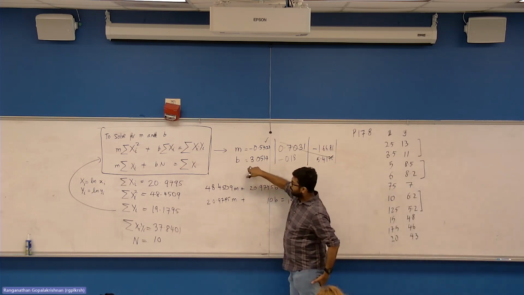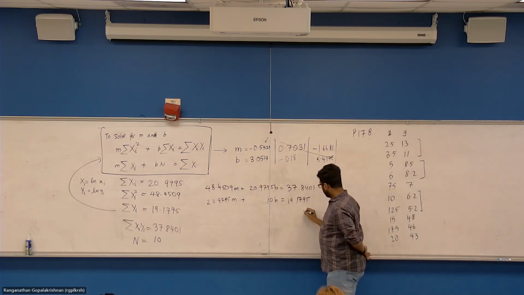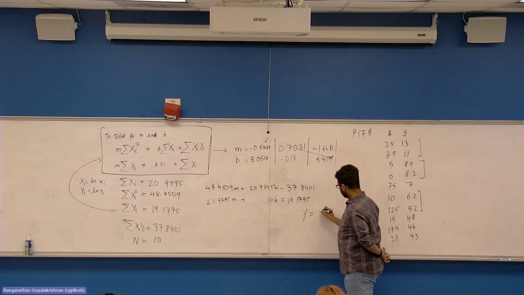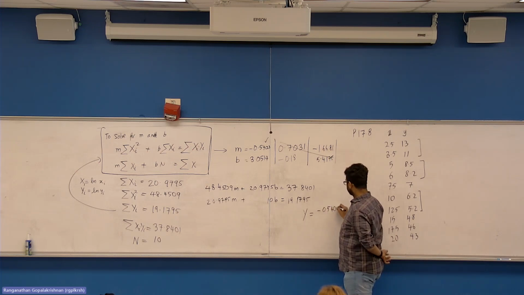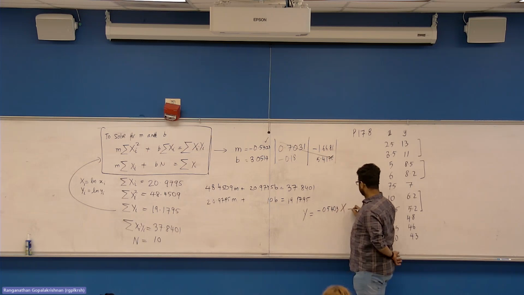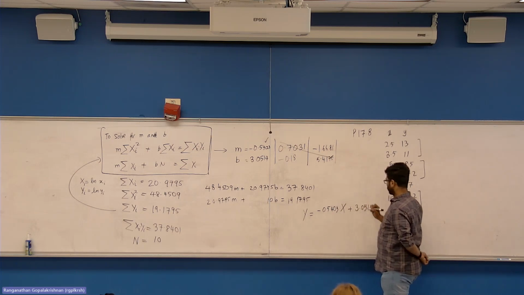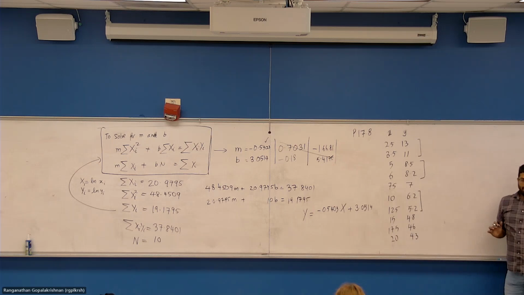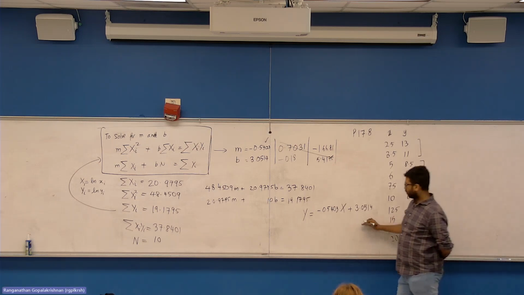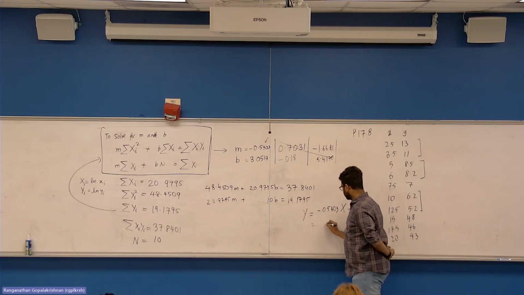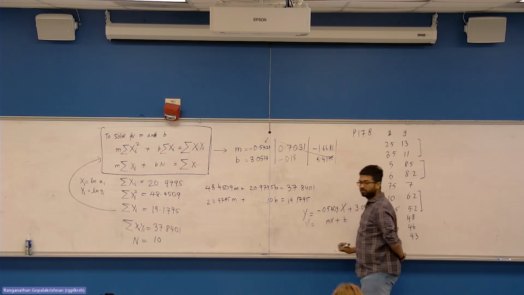All right, now drop your pencil, listen. What does this M and B value mean? Y equal to minus 0.5403 times X plus 3.0514. Okay. For simplicity, I'll just write this is mx plus b, y equal to mx plus b.